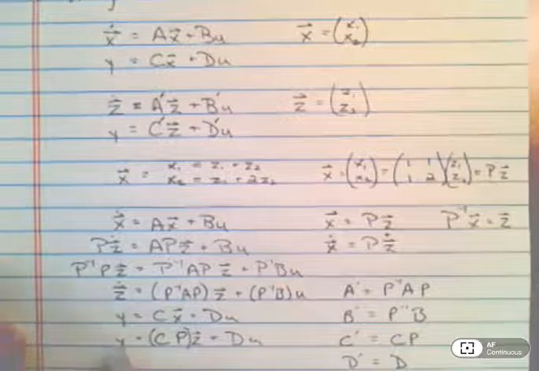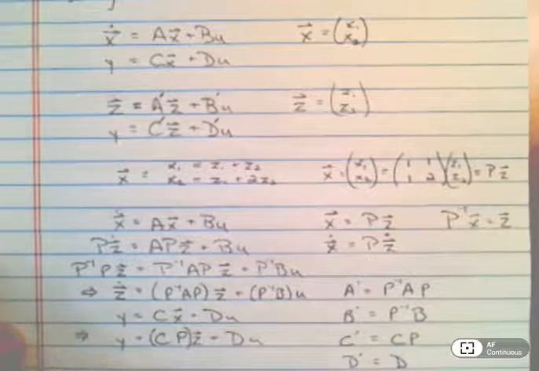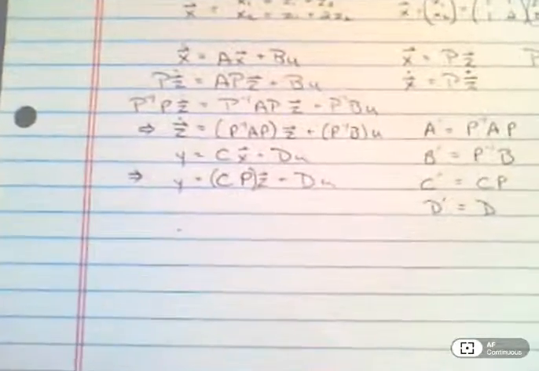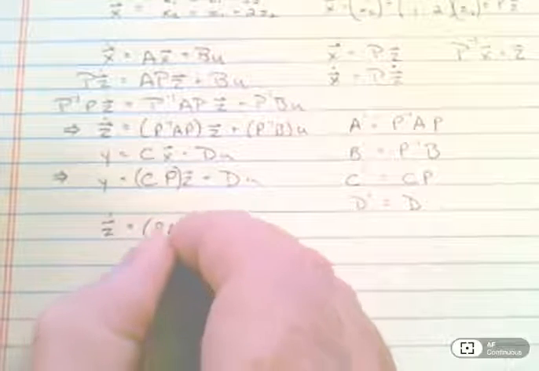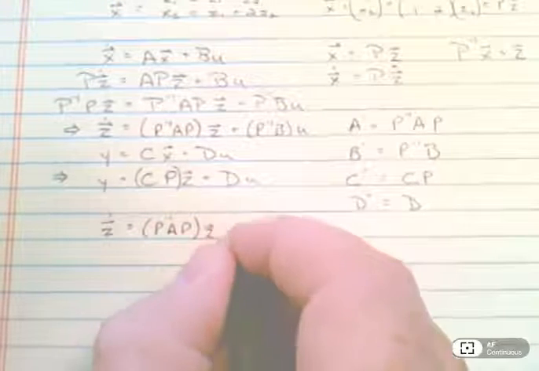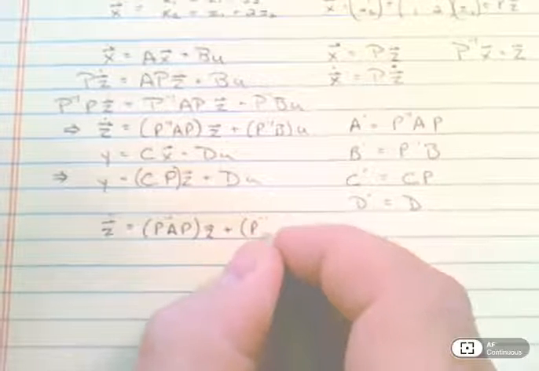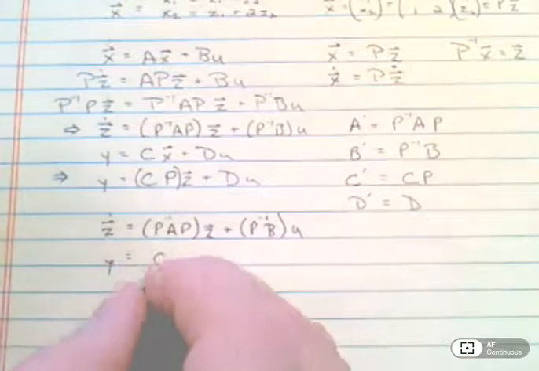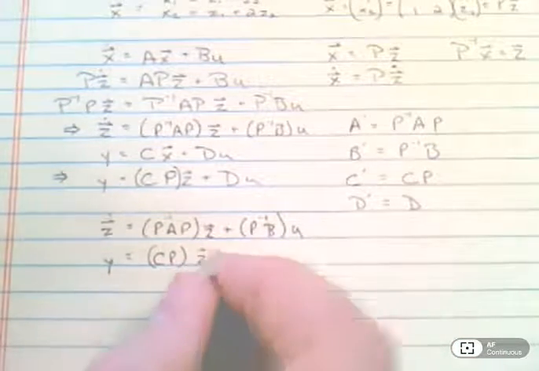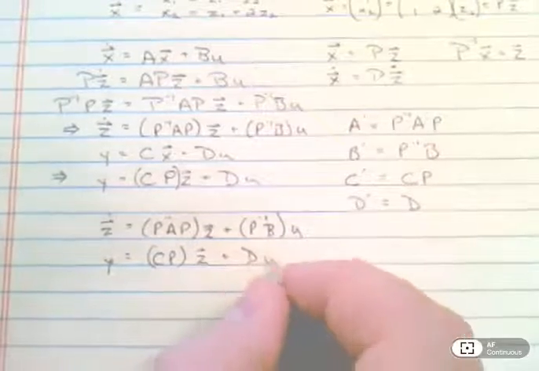Okay, if I'm going to write out the new state equations, then what I get here, excuse my camera work, is z dot, the vector, equals P inverse AP z vector plus P inverse B times u, and y equals CP z plus Du.